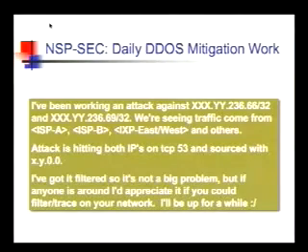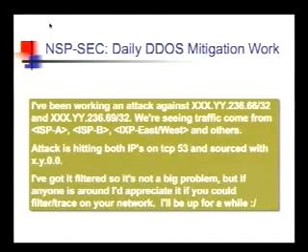This is an example of some of the email traffic that you see on the NSP SEC list. I don't know how well you can make that out. It looks like it's an awful line color. I apologize for that. For example, I've been working an attack against this /32. We're seeing traffic coming in from these various service providers and this particular exchange point. It's hitting both of these /32s on TCP 53, appears to be sourced from this network.